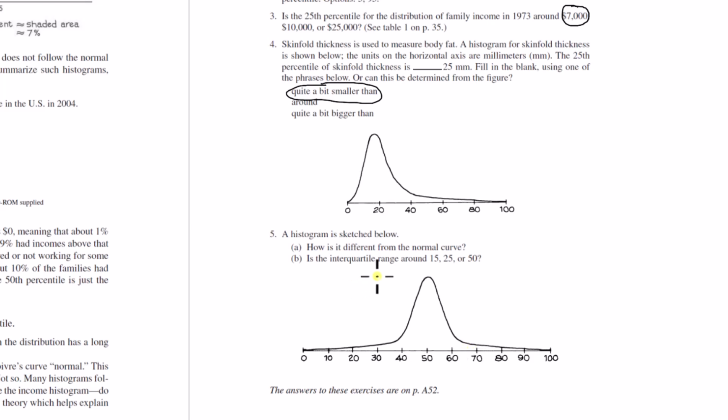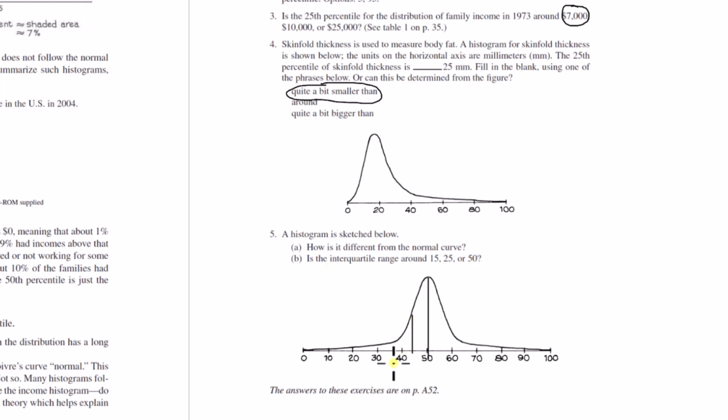Is the interquartile range around 15, 25, or 50? So the interquartile range, the 25th percentile. All right, this is kind of difficult. So we need to cut this area in half. It's not going to be the middle. We're not going to go to 25 for sure. That's not cutting the area in half. We would come to almost like here.